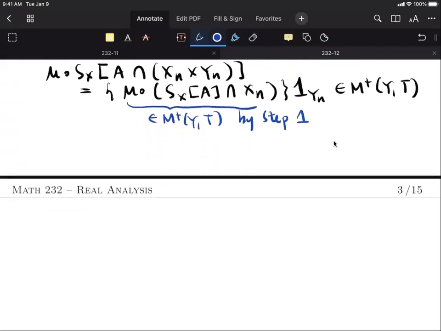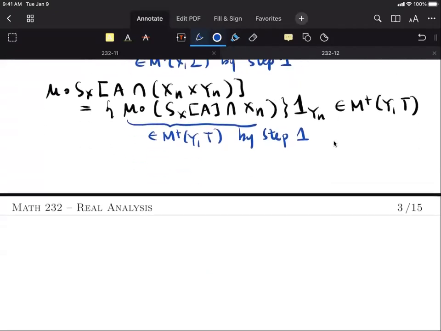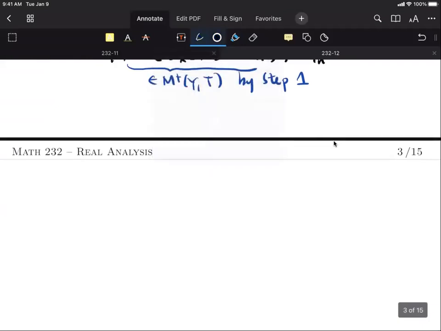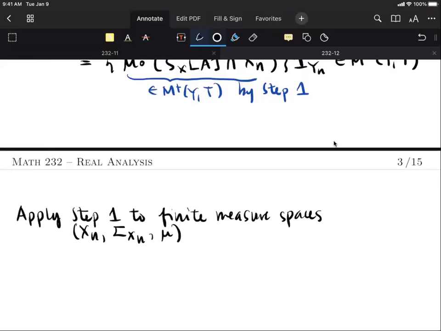Okay, furthermore, if we apply step 1 to the finite measure spaces, here we consider the restriction sigma algebra, the same measure, but the sets are now different.